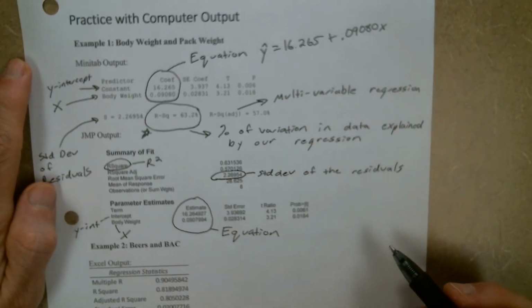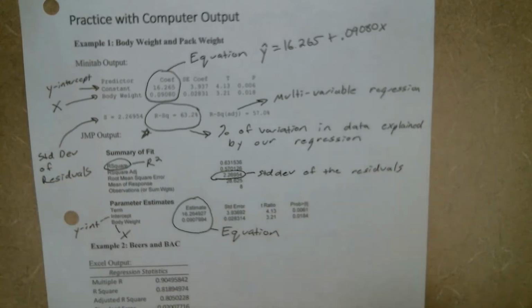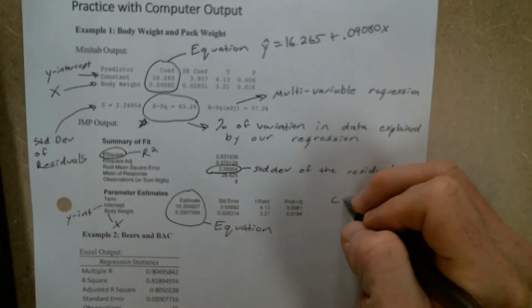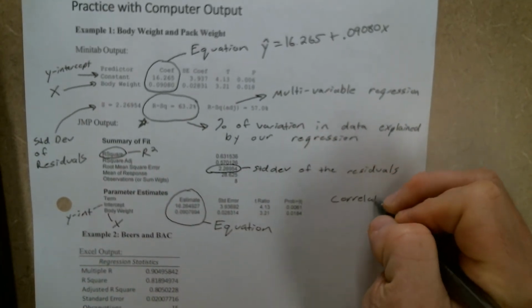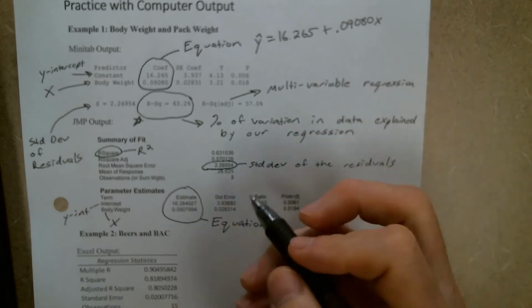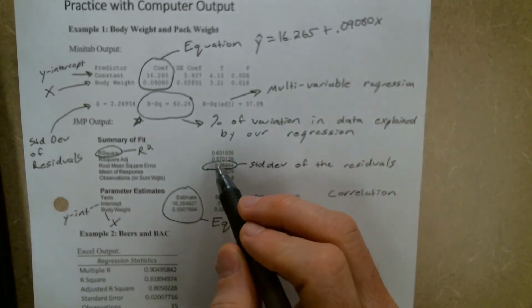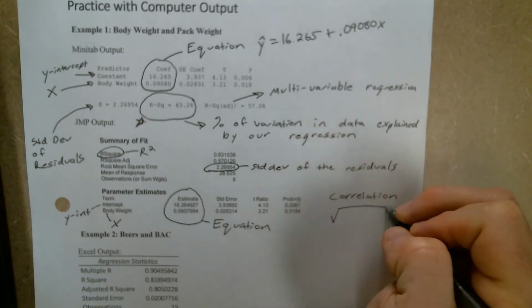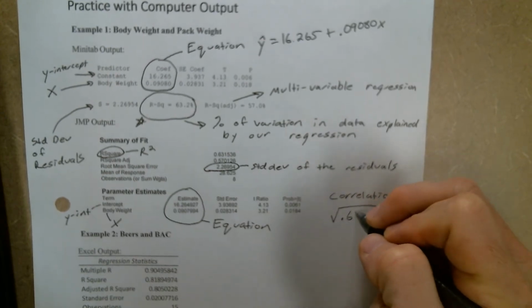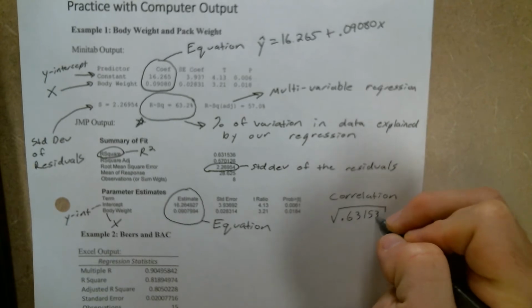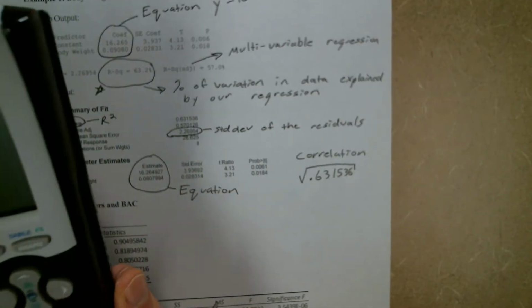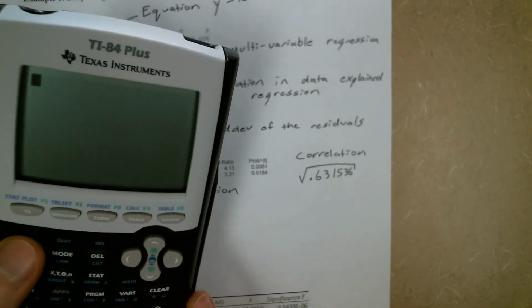So if I wanted to know the correlation, I could take my R squared value and take the square root. So for both of these, if I wanted to know the correlation, I could take my R squared value, which is 0.631536, and take the square root of that.